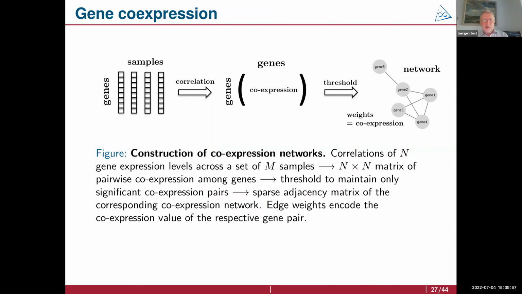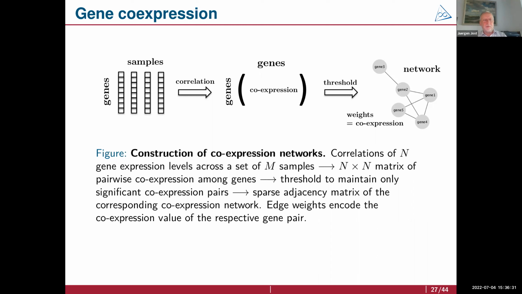Here we look at gene co-expression data. Let me explain how the network is obtained. You have various samples, and in each sample, you check to how much each gene is expressed. You have a couple of genes, you look at the expression profiles in the various samples. They come, for example, from microarray data, which was an important technology that was introduced, whatever, maybe 20 or 25 years ago.